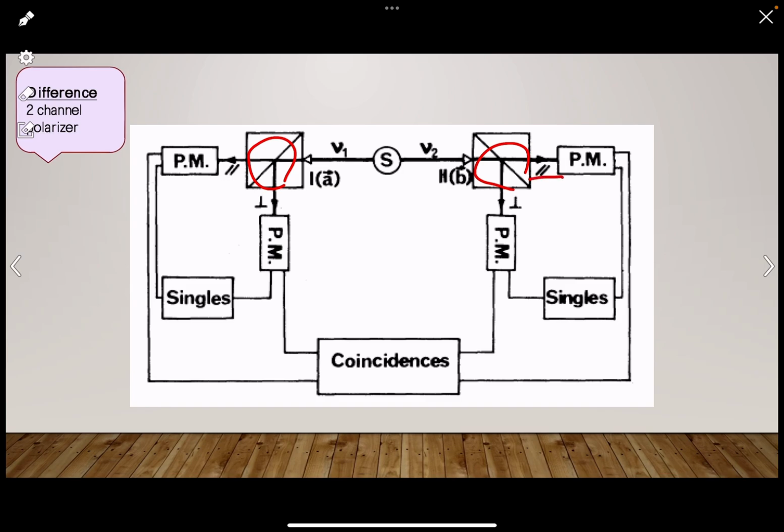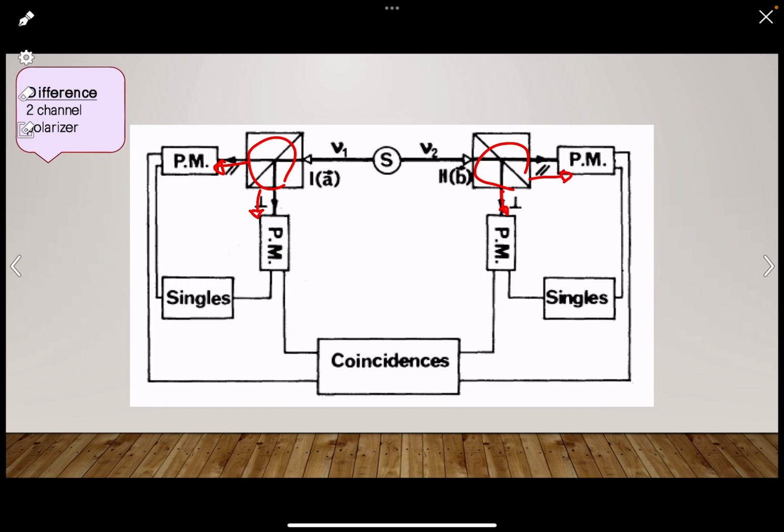So this is the parallel one, and this is the orthogonal. And in the A direction, this is the orthogonal, and this is the parallel. So both orthogonal and parallel polarizations are shown in both A and B directions. So four coincidences could happen in this experiment.